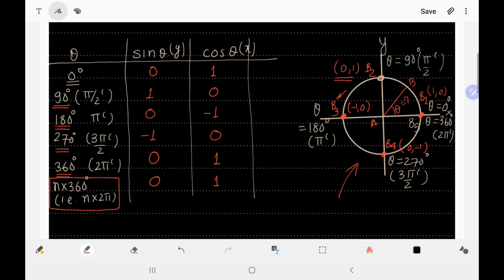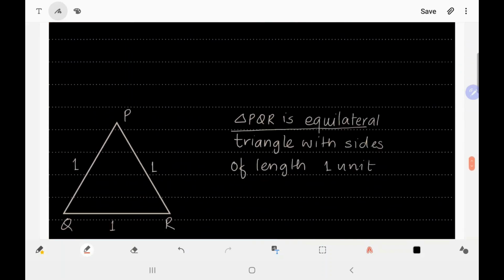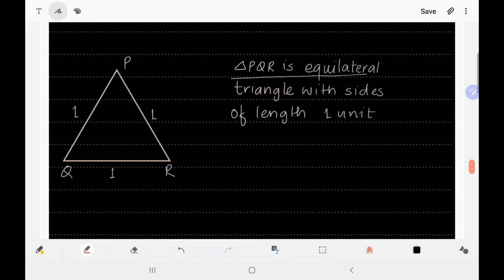One way of doing this is using basic geometry and symmetry. Over here I have drawn an equilateral triangle PQR with its sides equal to 1 unit. That means length of PQ equals length of QR equals length of PR, which is 1 unit.